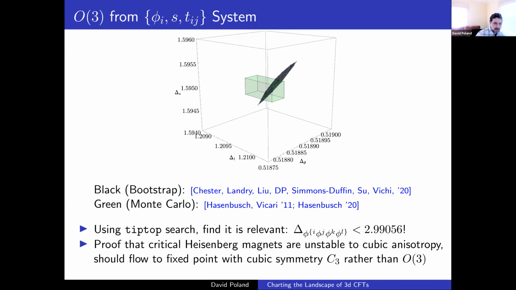So we designed this new tip-top search that I mentioned at the beginning to tackle this problem. In particular, we tried to find the maximum value of the scaling dimension of this 4-index tensor across the O3 island that we computed. And we were able to compute a rigorous upper bound on the scaling dimension, which was 2.99.